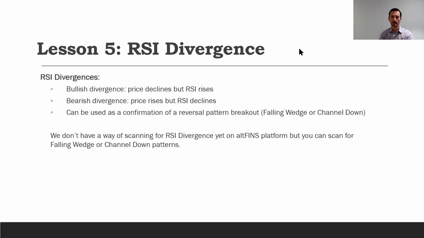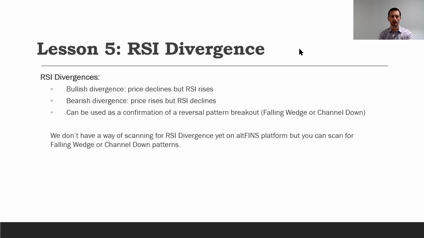Let's go over this RSI divergence use case of using RSI. I'm sure you may have heard of divergences. There are MACD divergences, OBV divergences, RSI divergences, and those can be pretty interesting confirmation indications. Let's go over what I mean by that.